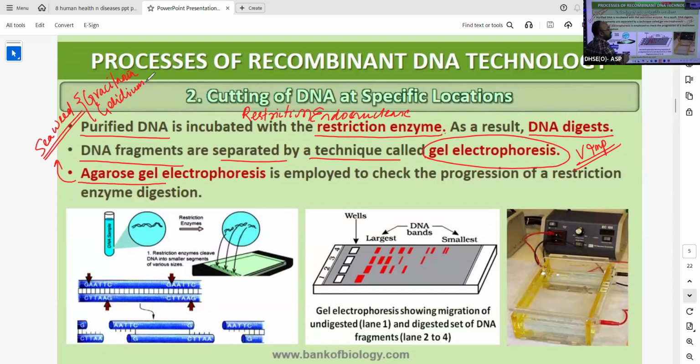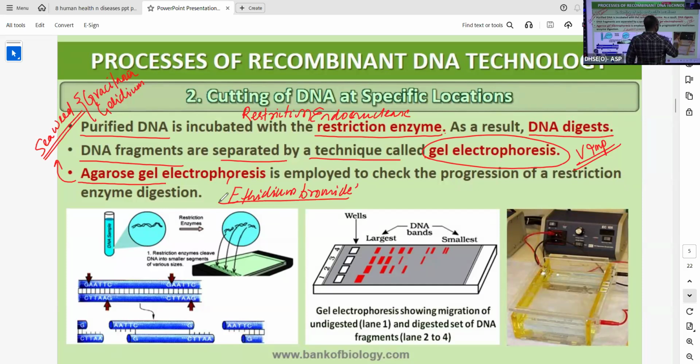Now these fragments along with agarose gel, we also mix in ethidium bromide. Ethidium bromide is added, mixed, poured, and allowed to settle down. Okay, after this the entire mixture is taken, and this is the gel electrophoresis machinery.